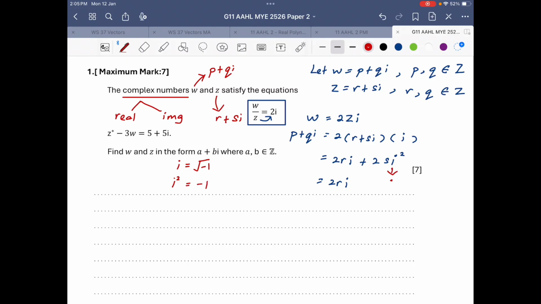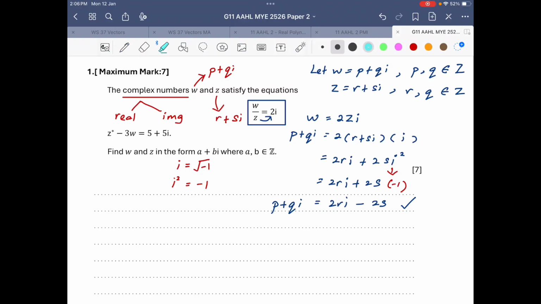Hence this one will be replaced by -2S. That is P plus Qi, the first equation form.